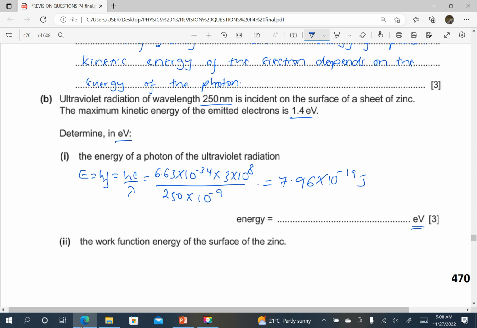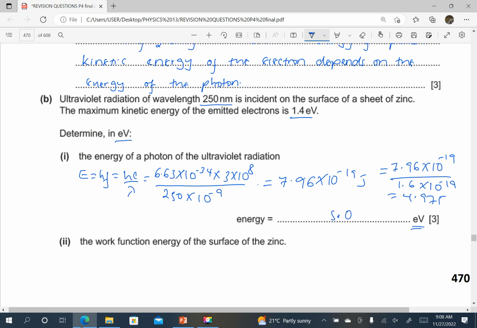The answer should be in electron volts, so I'm going to divide this by 1.6 times 10 power negative 19. So this is 7.96 times 10 power negative 19 divided by 1.6 times 10 power negative 19. 7.96 divided by 1.6 is 4.98, or 4.975, which is approximately 5.0.